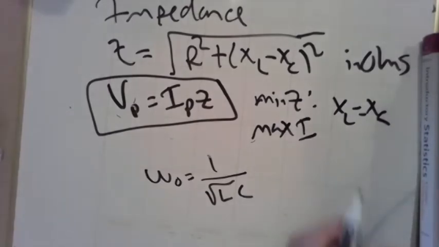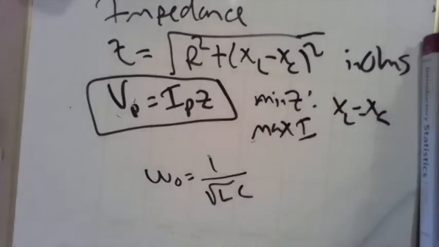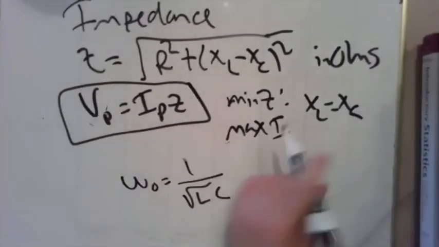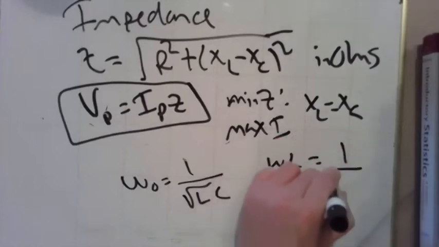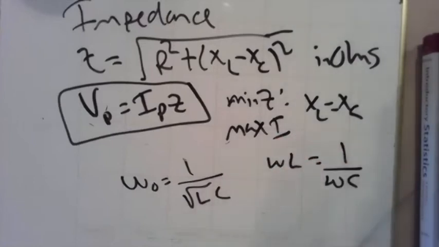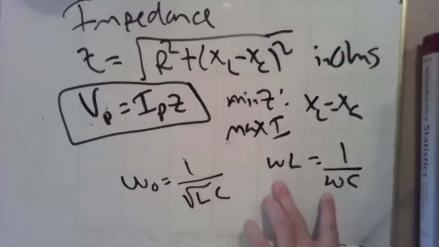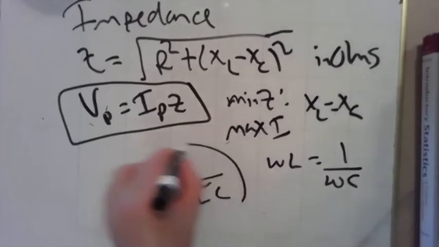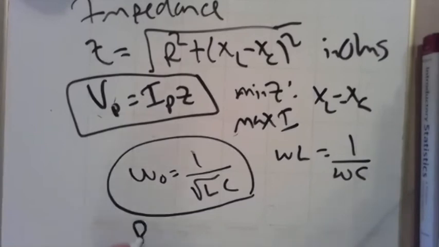When my capacitive reactance equals my inductive reactance. And so that was omega L equals 1 over omega C. And now if we solve this and figure out what frequency will satisfy that equation, we get this. And we call that the resonant frequency.